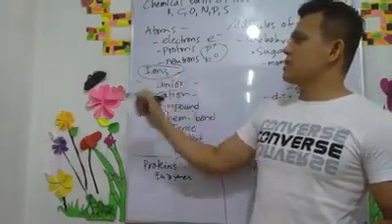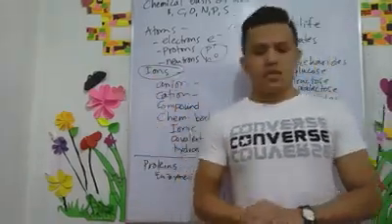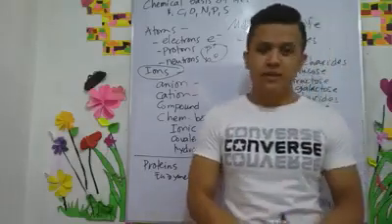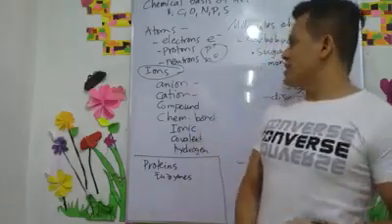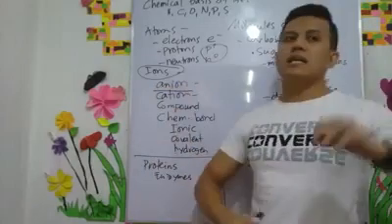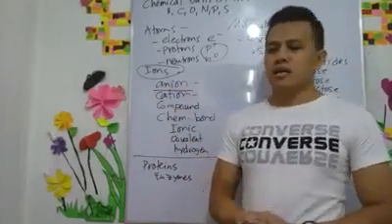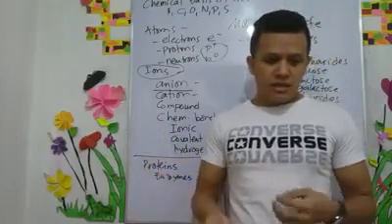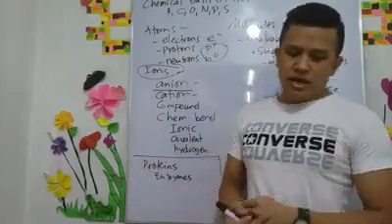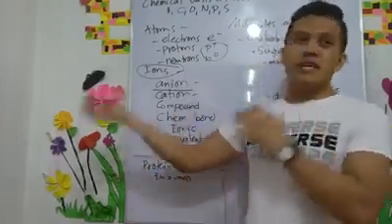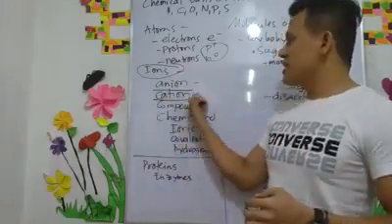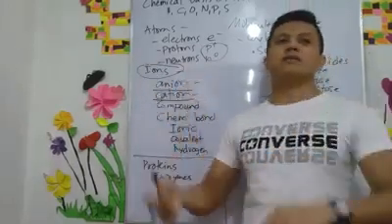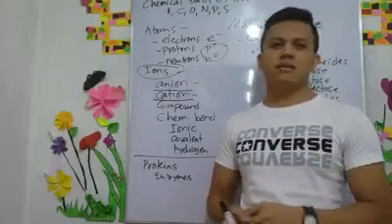And we have what we call ions. Ions are charged atoms. An anion is negatively charged, and when we say negatively charged, they gain electrons. Whereas a cation is positively charged, and they lose or transfer electrons.